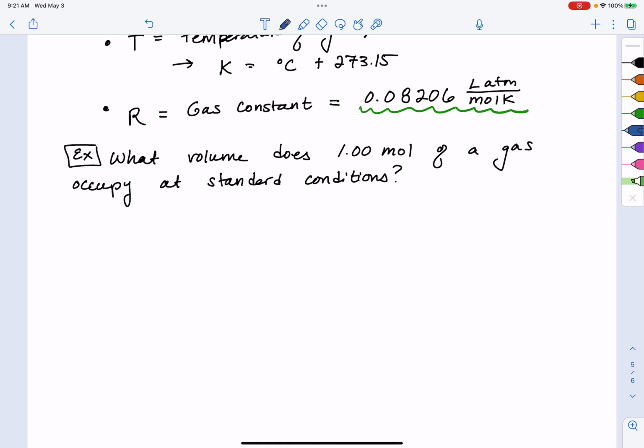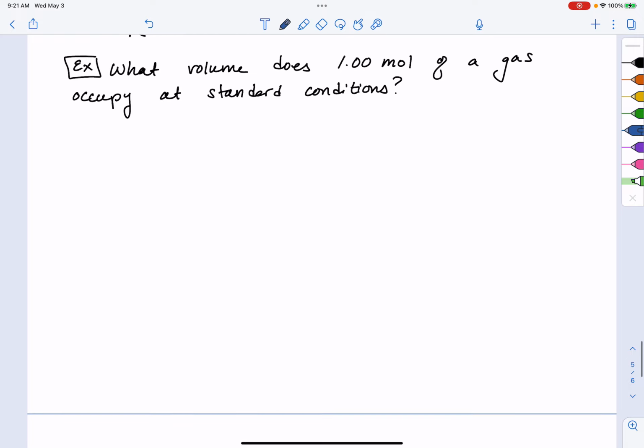So let's remind ourselves about what standard conditions means. So we talked about standard conditions when we were looking at our standard heats of formation. Sorry, had a little brain freeze there. So let's go ahead and remind ourselves of what those are.